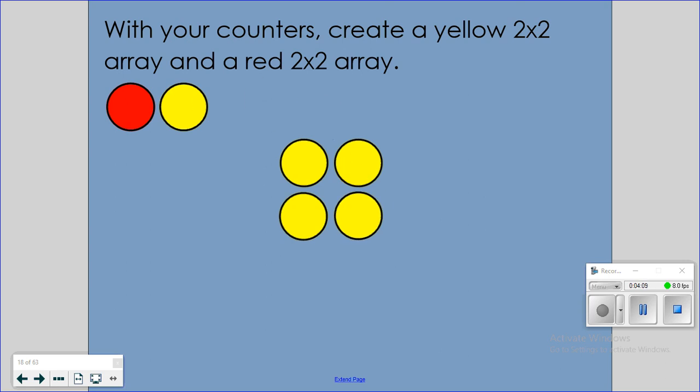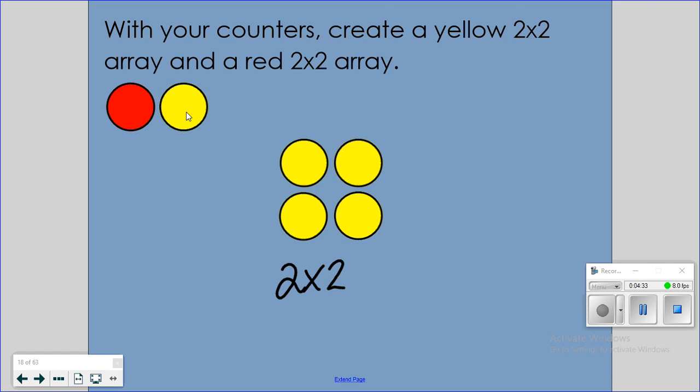Remember, an array is rows and columns. We still see our 2 groups of 2, but we've arranged them into rows and columns. And then with our marker, we should have that is a 2 by 2. We might also read this equation, Jacob, as 2 groups of 2. Right?